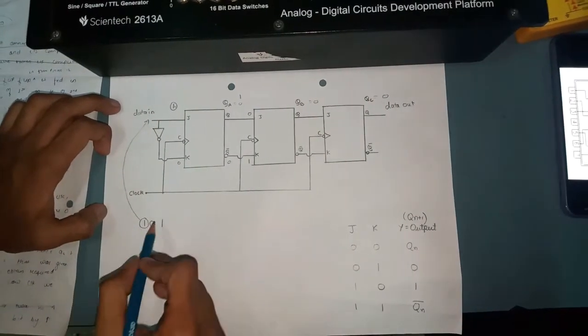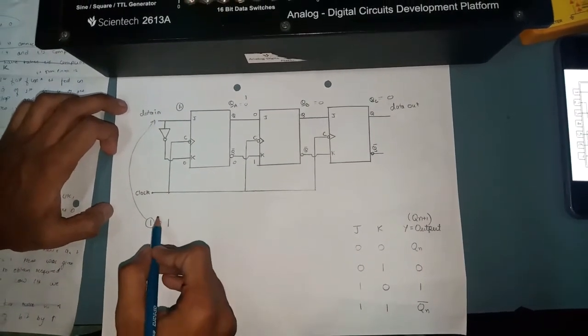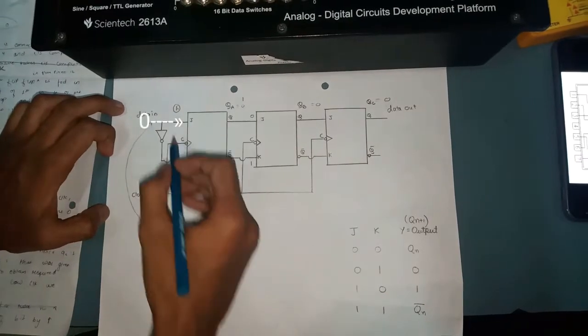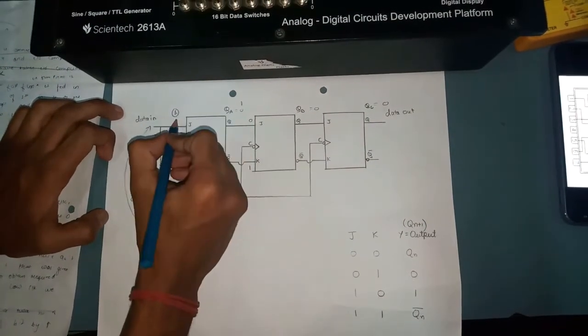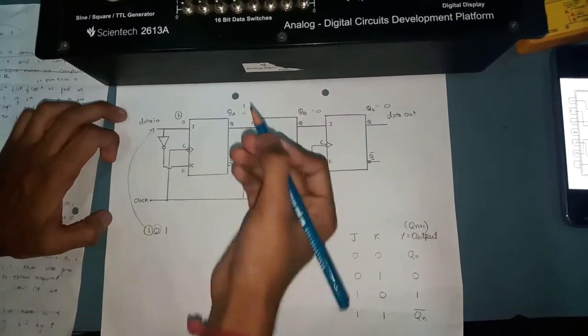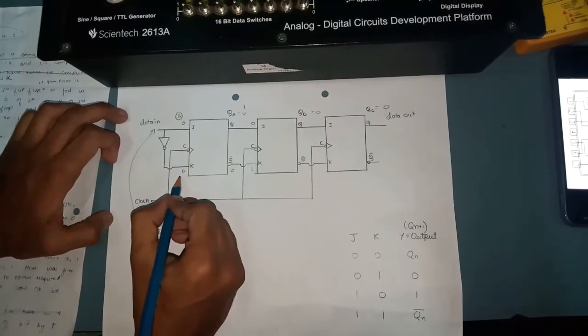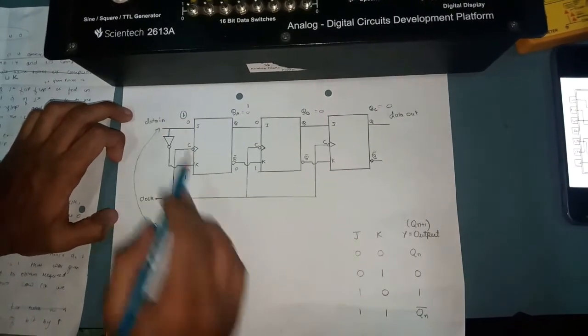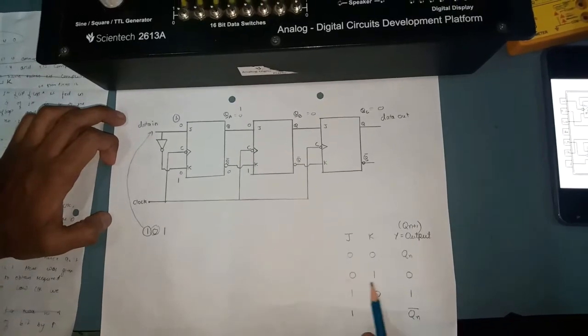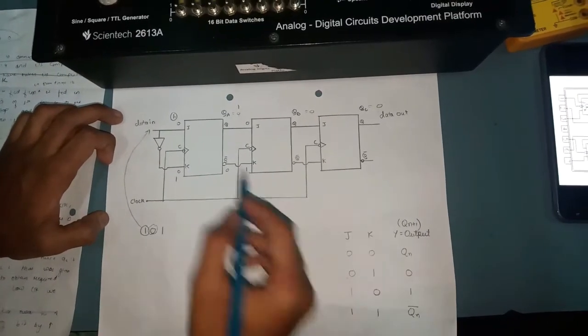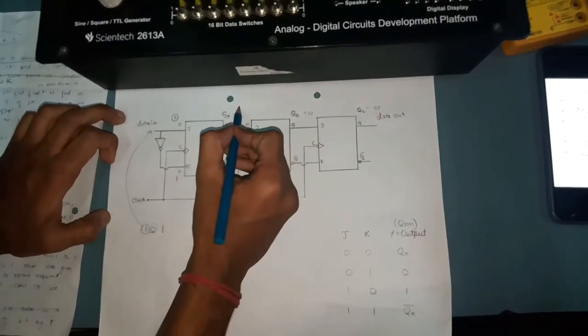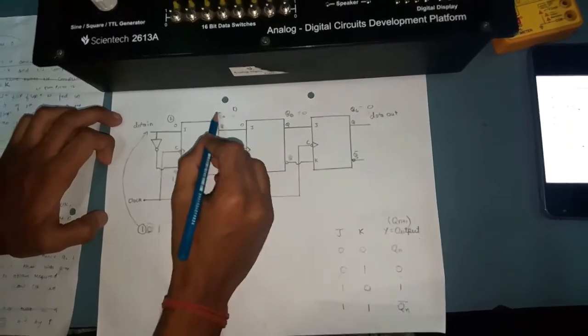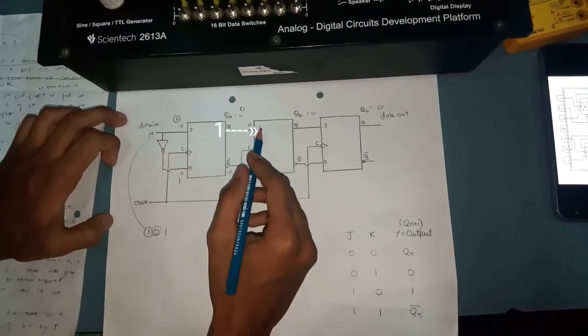For the next negative clock, we will input 0 at the data line. So the input J will be 0 and its complement K is equal to 1, so output QA will turn out to be 0. The previous QA, which was 1, will be fed to J input.